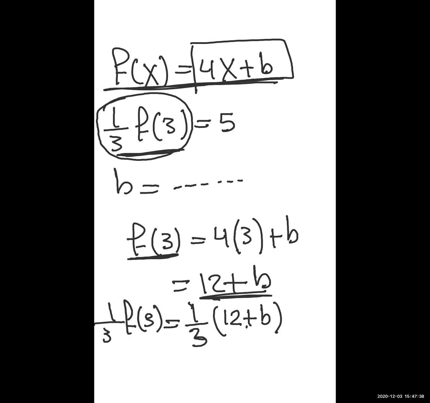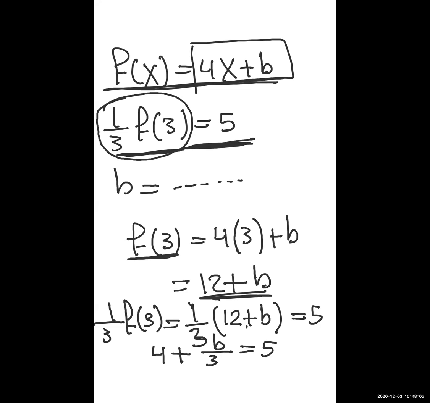It's given in the question that this value will equal 5. So I will multiply 1/3 to the whole bracket. So 1/3 times 12 means 12/3, which is equal to 4, plus 1/3 times b means b/3. So now it will equal 5.